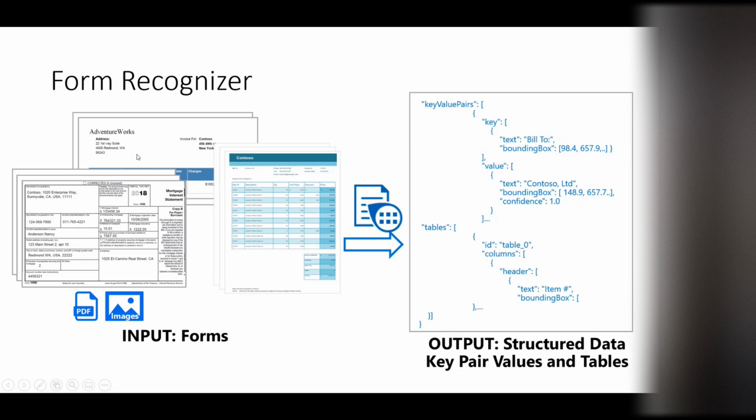It's able to extract key value pairs and tables from forms. And now I'm going to show you a demo first, of a tool that's built in that you could use, and then I'll show you a code sample. Before that, if there are any questions up till now, please feel free to ask.